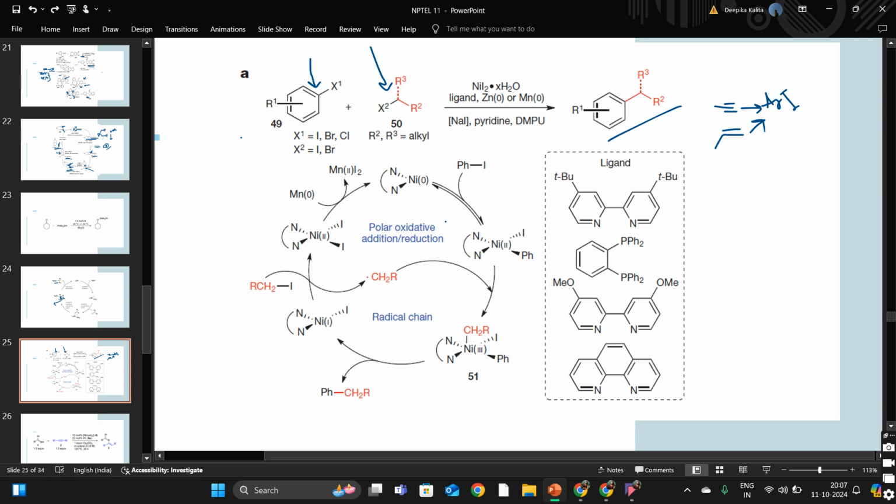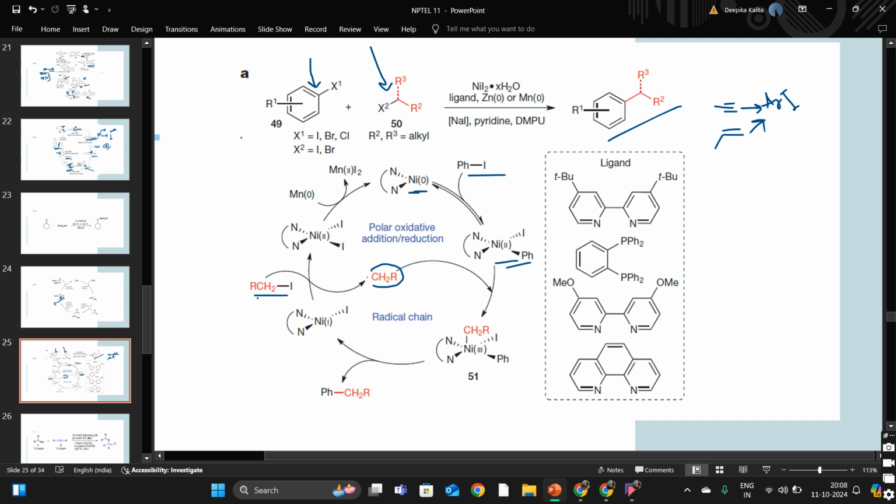If we look at the mechanism, it starts from here. This nickel catalyst has the nickel metal in zero oxidation state, and the aryl halide used in the reaction will undergo oxidative addition to the nickel catalyst. After forming this nickel plus 2 metal complex, the radical CH2R is generated by the radical chain of the alkyl halide.